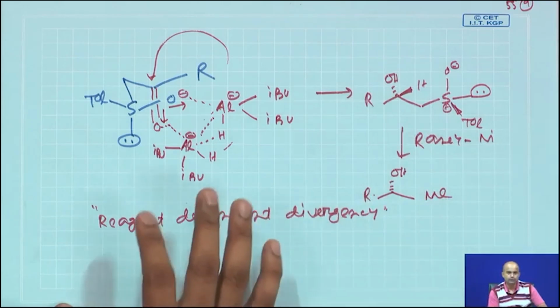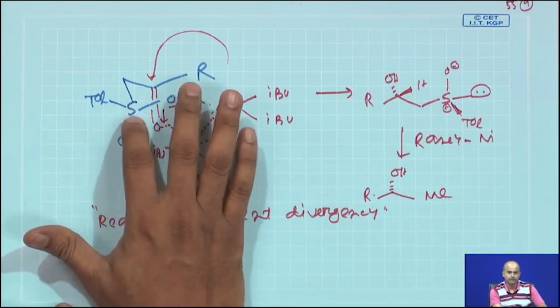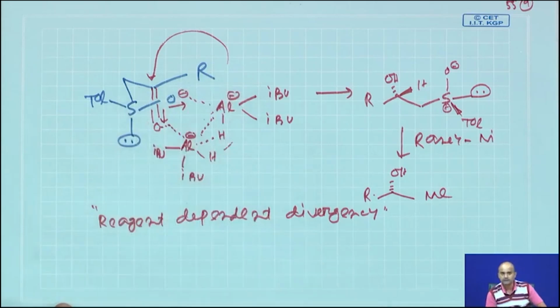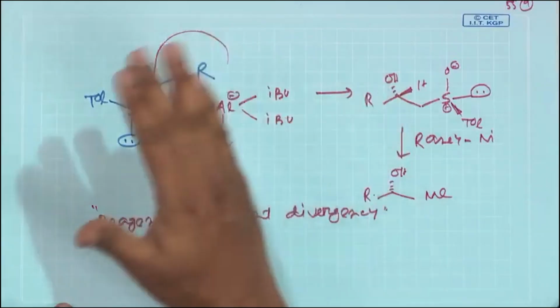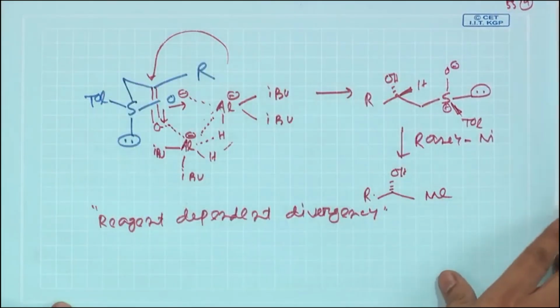You do not use a chiral reagent, you have an existing chiral center from the sulfoxide. It is basically a substrate directed approach. In one case the hydride is delivered internally, in the other case the hydride is delivered externally, and so that basically gives you the divergency.